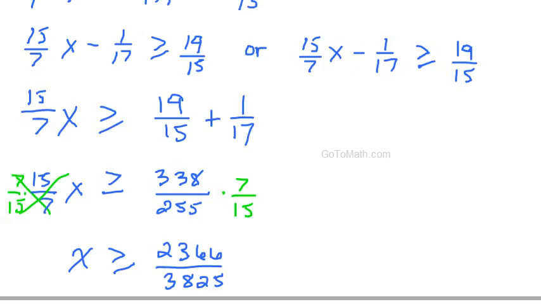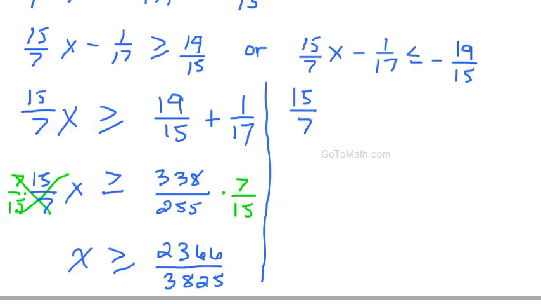Alright, let's now look at this side. We flip that and make that negative. I don't know why I didn't do that. Let's put a line divider here. Take that over to the other side.